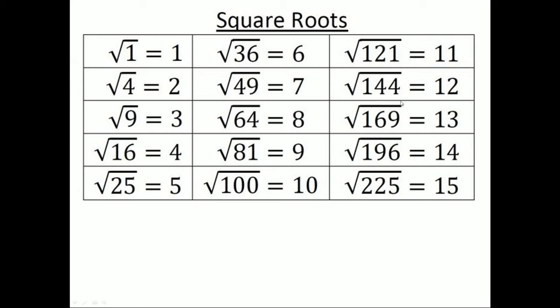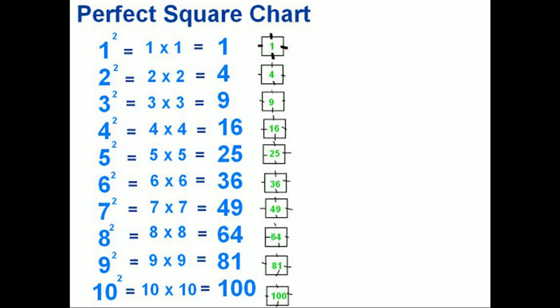So this is a chart that you will need to have and you should also memorize. These perfect square roots come from your perfect square chart. These are all your perfect squares. The side of 2 and 2 makes the area of 4. The side of 3 and 3 makes 9. 4 and 4 makes 16.